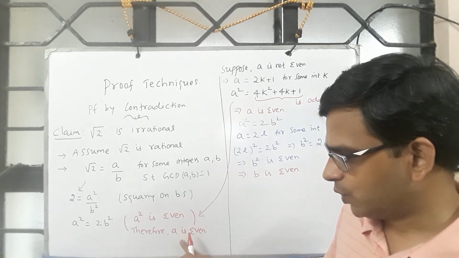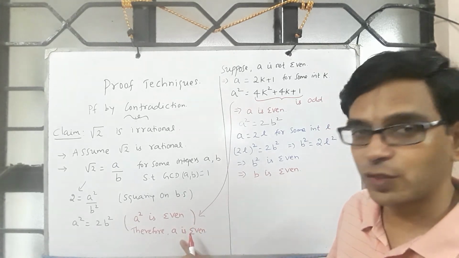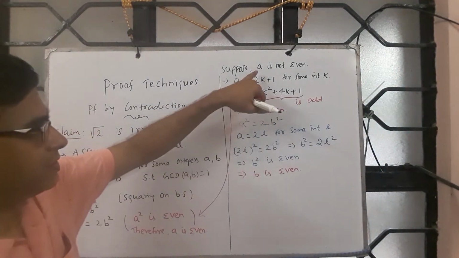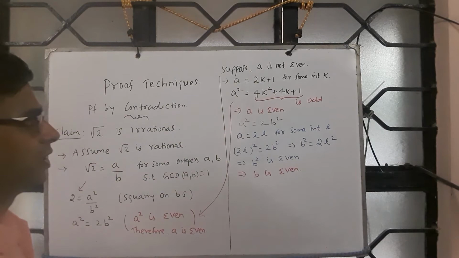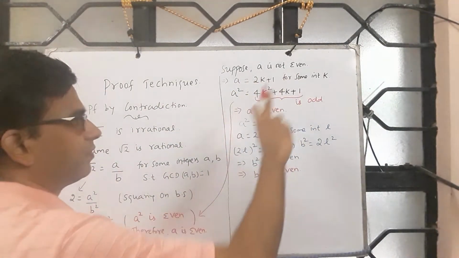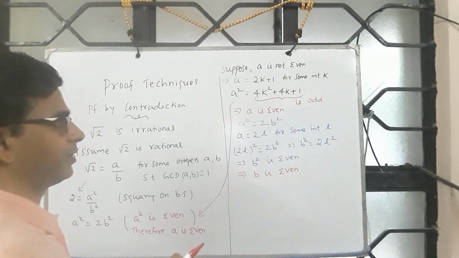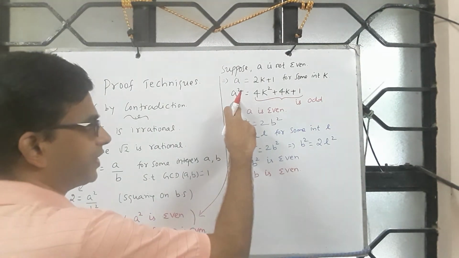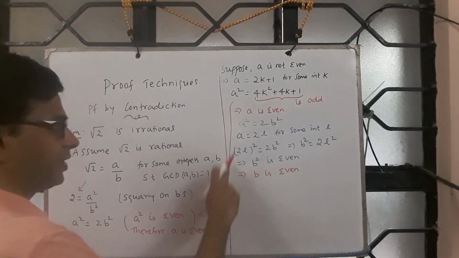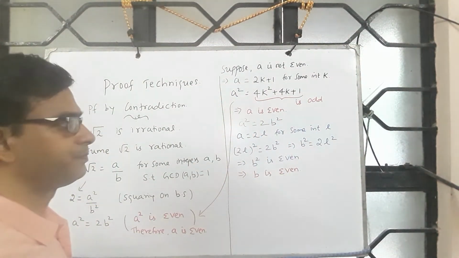Now we want to show that a is also even. Suppose not, suppose a is an odd number, which means a equals 2k plus 1 for some integer k greater than or equal to 0. Compute a square, you see that a square is odd, which contradicts this part.